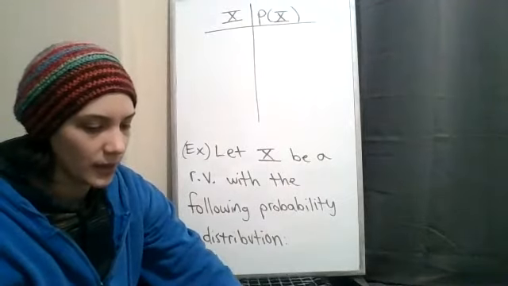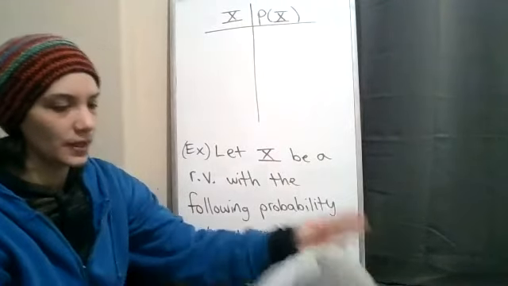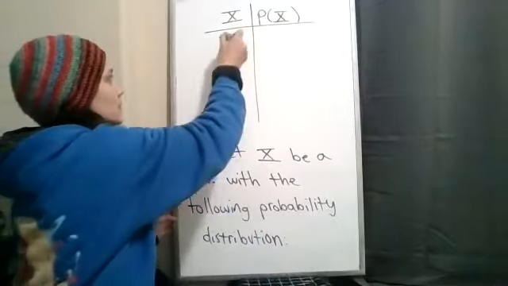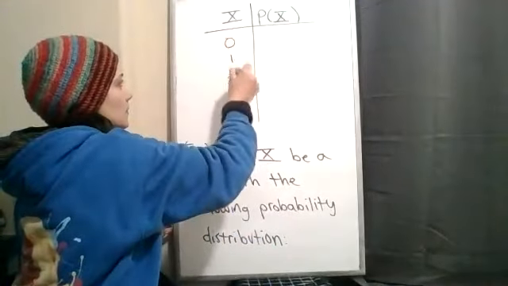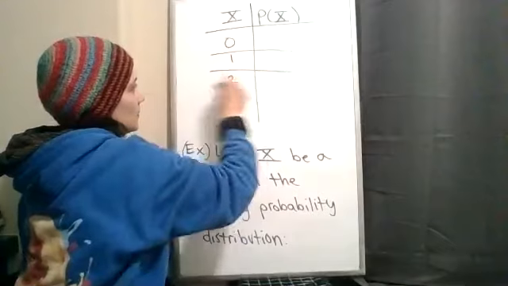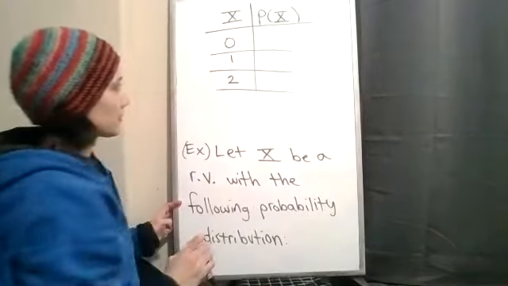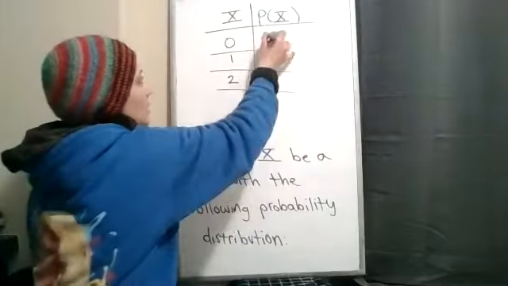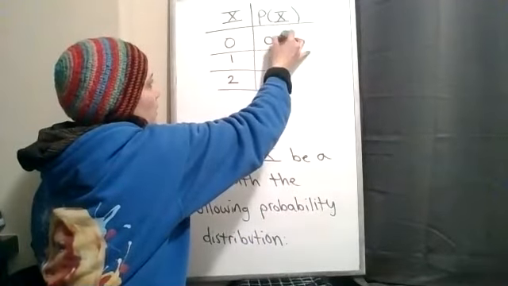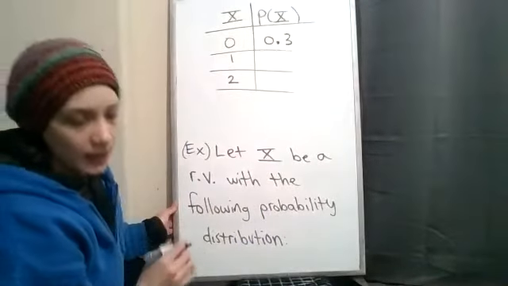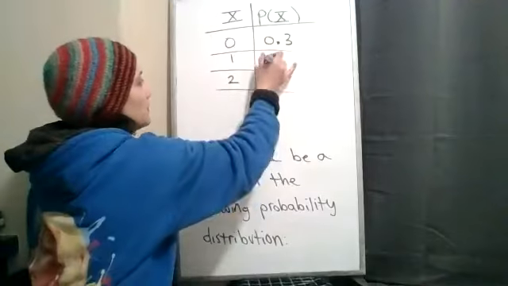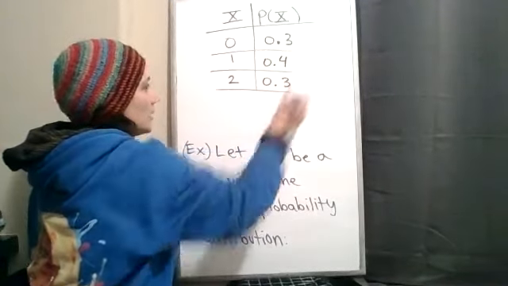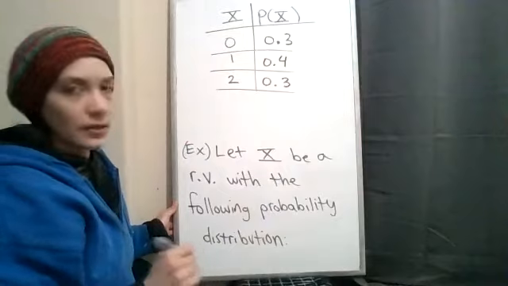Variable has values of 0, 1, 2. We've got 0.3 as the first probability. Then 0.4. 0.3 again. That's it.